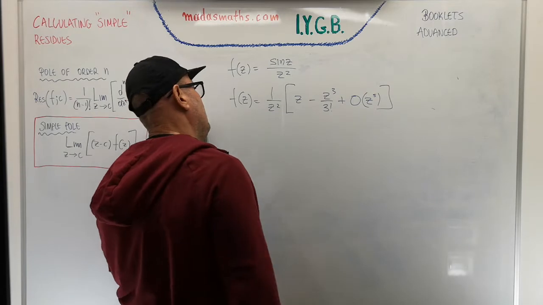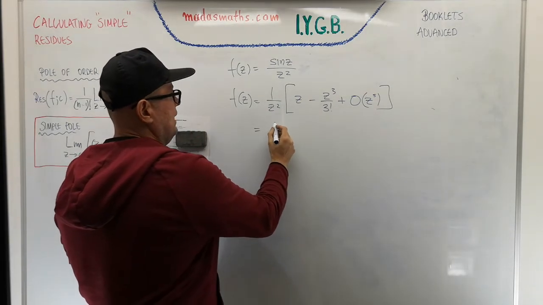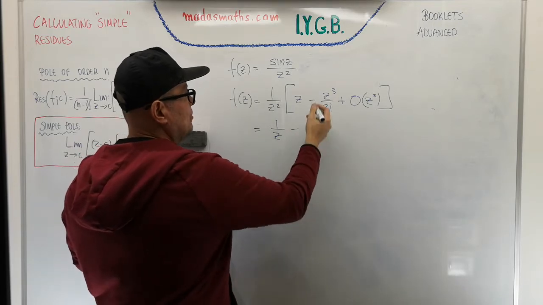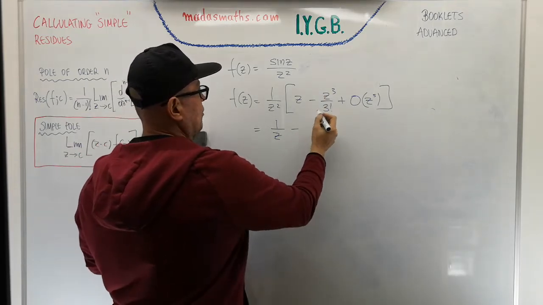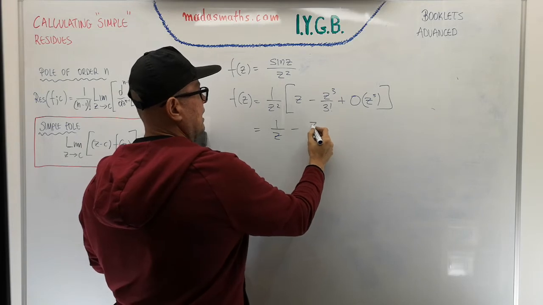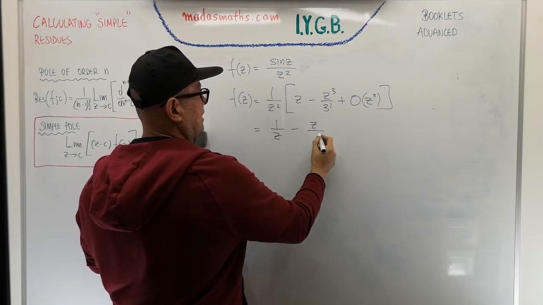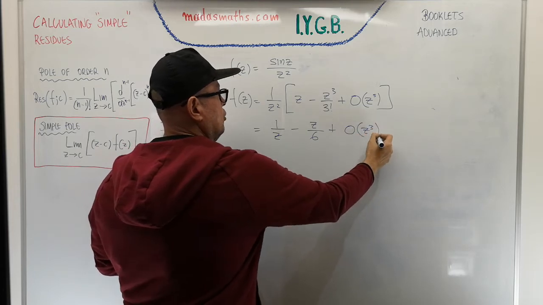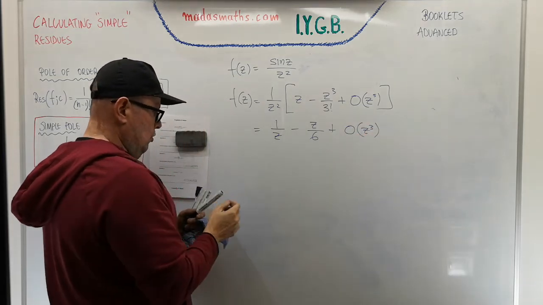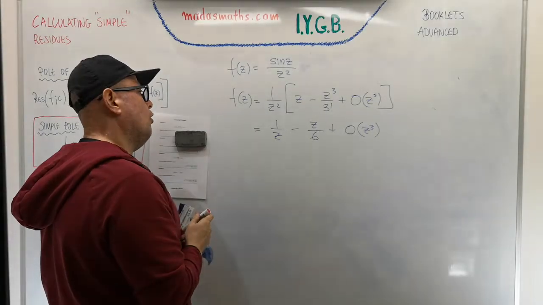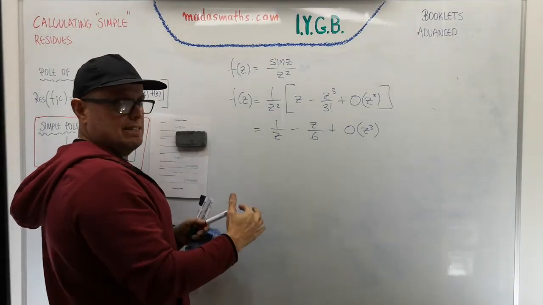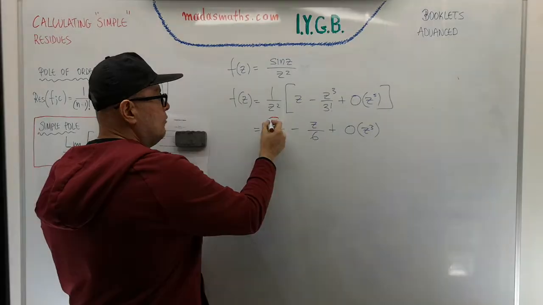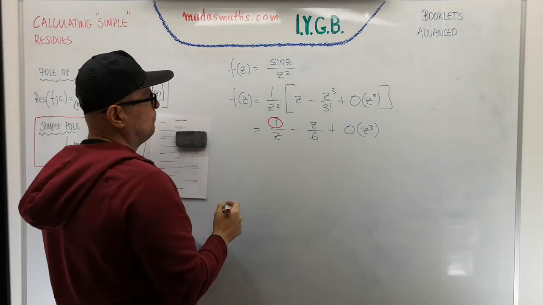So I can multiply it out, so that's going to be now 1 over z, minus z over 6 plus terms of higher order, z cubed or higher. And of course the residue, remember, is the coefficient of the 1 over z. So the residue is actually 1.